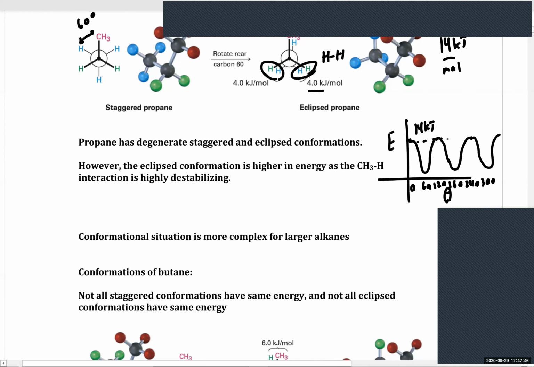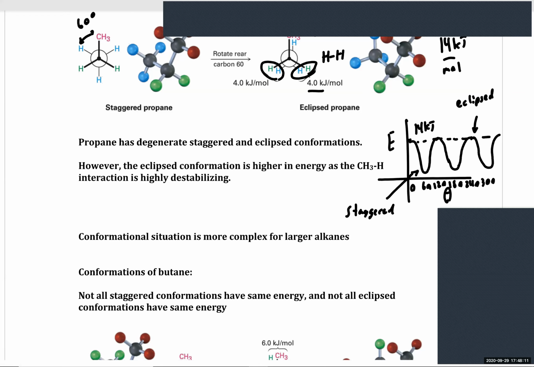Our graph would look something like this, where all of our eclipsed conformations would be these high energy conformations with 14 kilojoules of torsional strain, while all of our staggered conformations would be down here with relatively lower amounts of torsional strain.